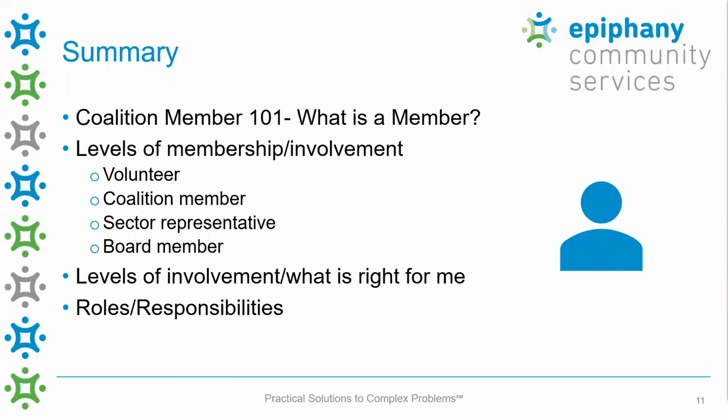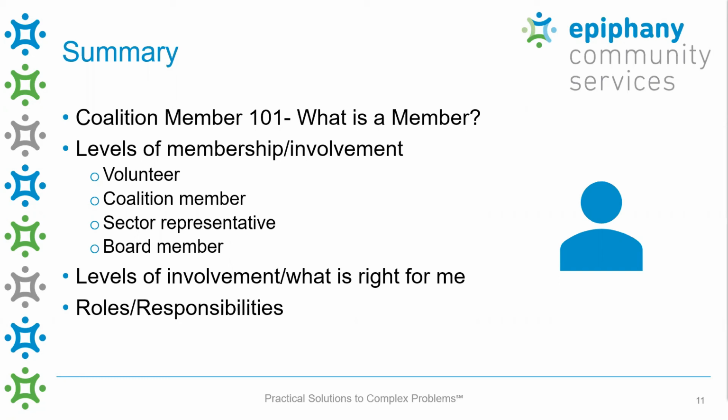Our first episode was on what is a member, right? We wanted to make sure the levels of membership and involvement were discussed so our members knew at what point they wanted to be involved. Maybe they just wanted to be a volunteer who came to events here or there. Maybe they wanted to be a board member.